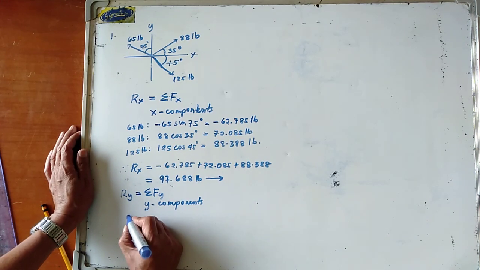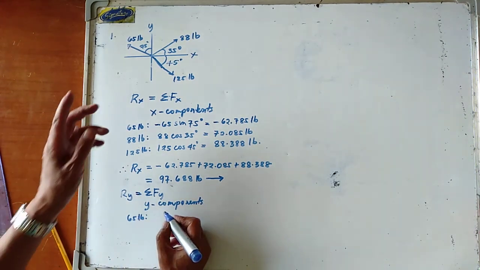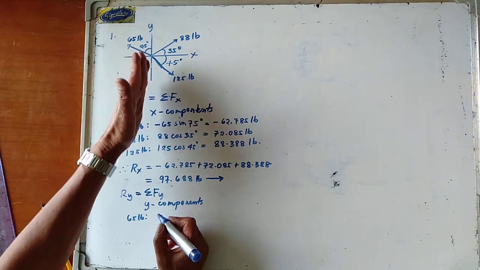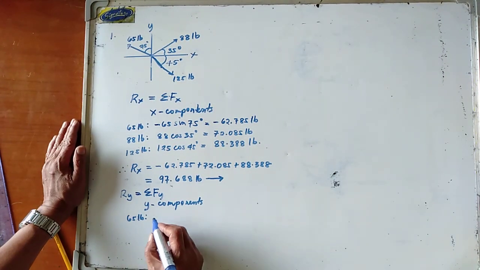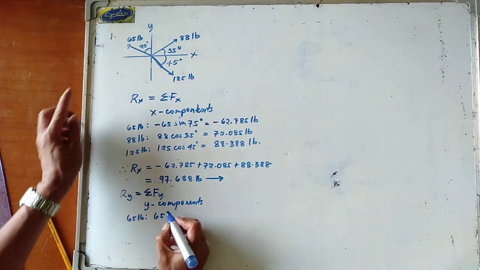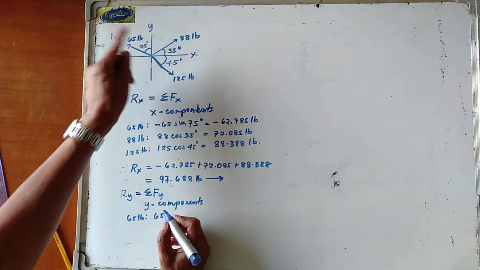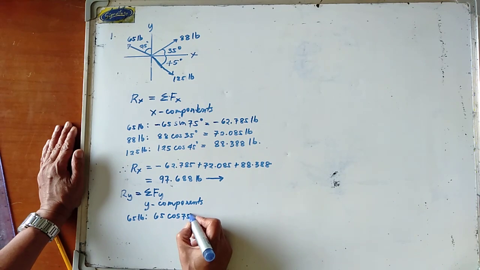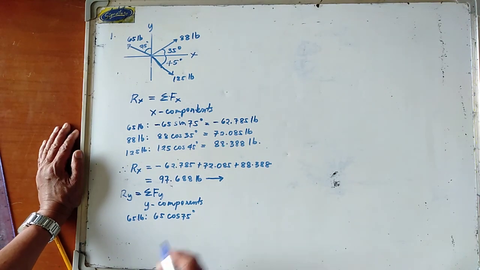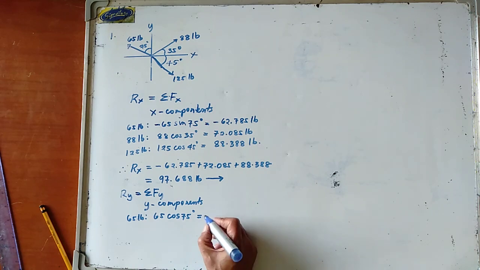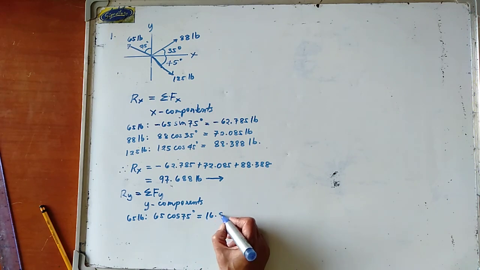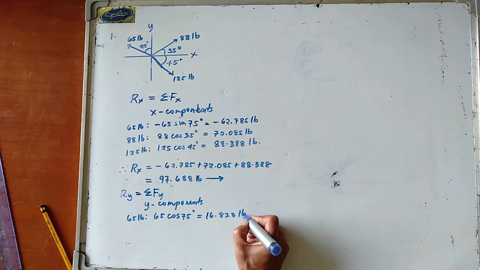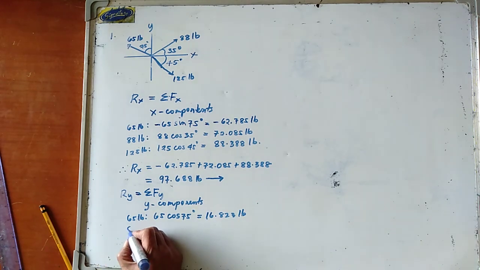For the 65 pounds, the y component is going up, so we have positive 65. 75 degrees is included with the y-axis, so that is cosine of 75 degrees, and this is equal to 16.823 pounds.